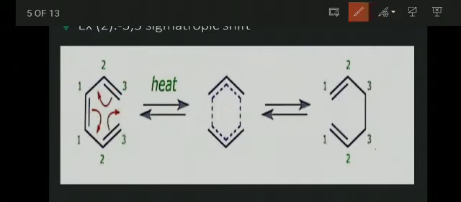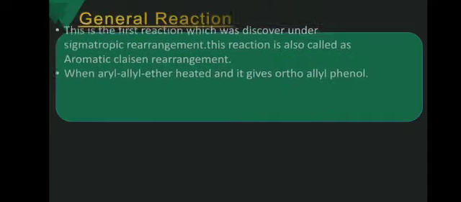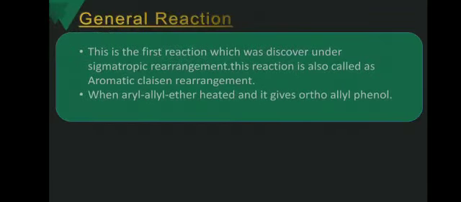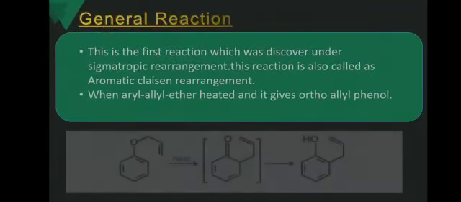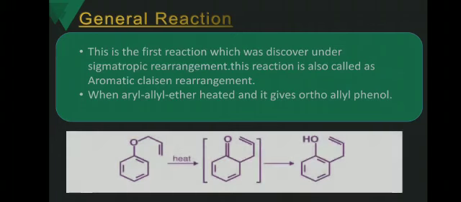Then we see the general reaction of the Claisen rearrangement reaction. This is the first reaction which was discovered under the sigmatropic rearrangement. As I told you, this reaction is also called the aromatic Claisen rearrangement, because the product formed is an aromatic product.